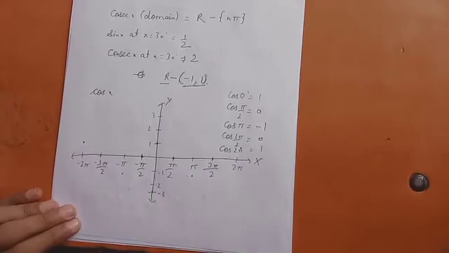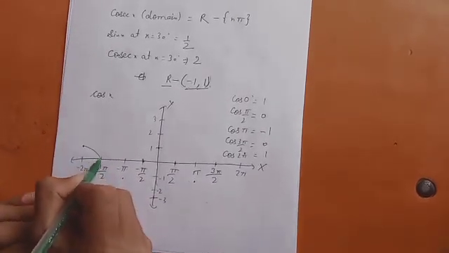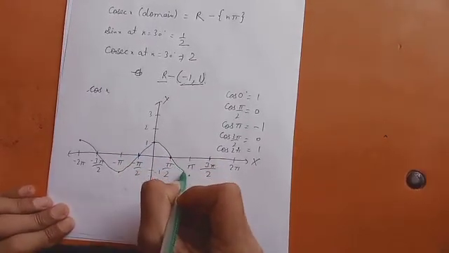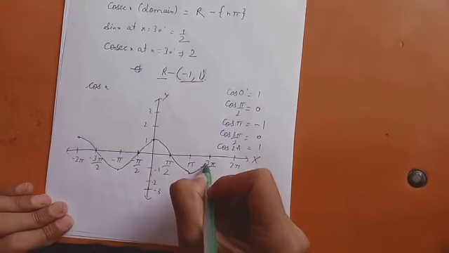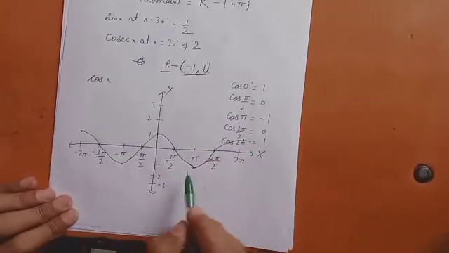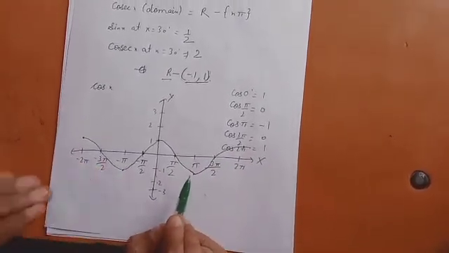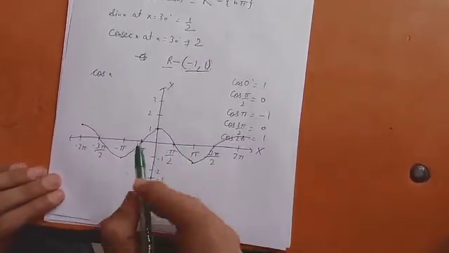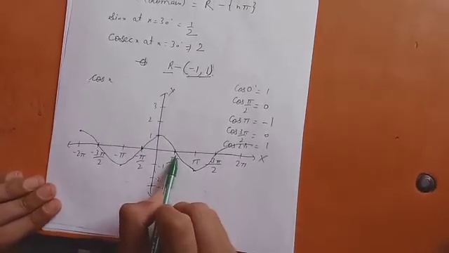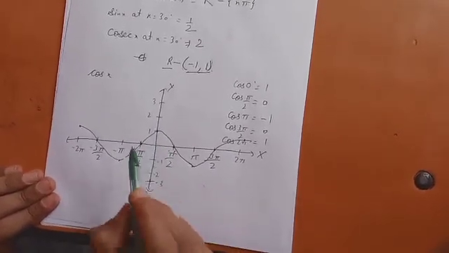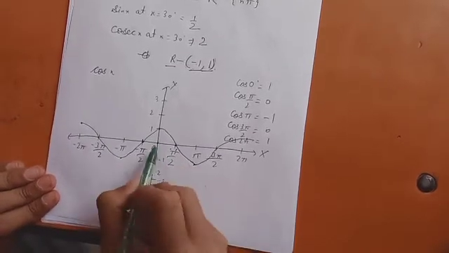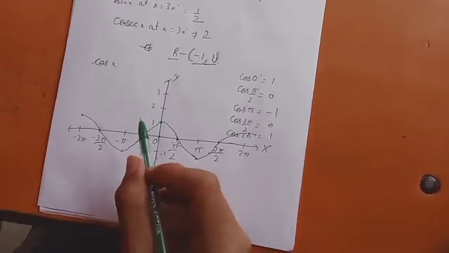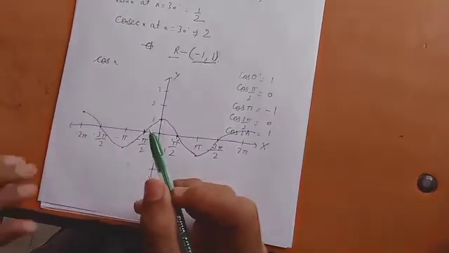So what will our graph be? You can look, our graph is the same as that of sine. But the difference between the graph of the sine function and the cos function is that sine is 0 at the origin, but cos has value 1. This means the difference between them is 90 degrees.